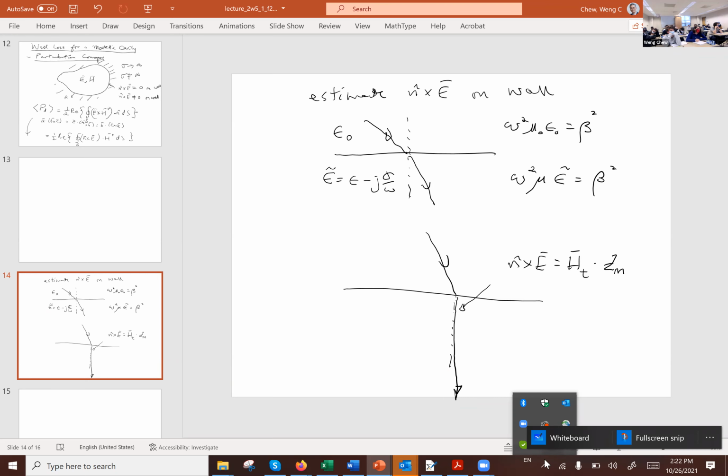The tangential component of the electric field is going to be proportional to the tangential component of the magnetic field times Z sub m. Z sub m is the impedance of the medium over there. And Z sub m, if it is a plane wave, you have learned that by using mathematical homomorphism, Z sub m is just that number. So epsilon is now a complex number. Okay, did I get this right?